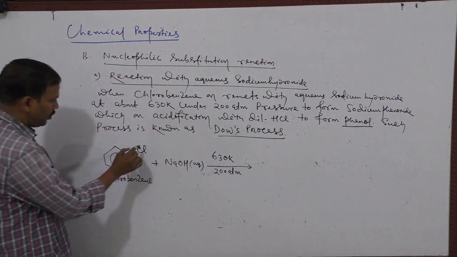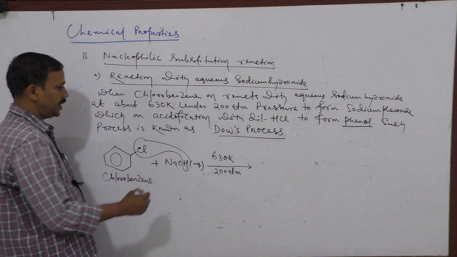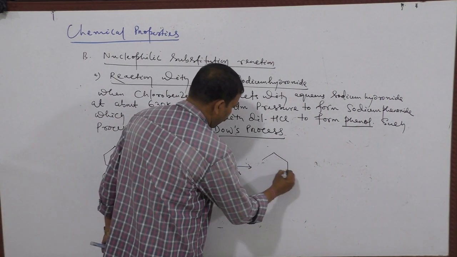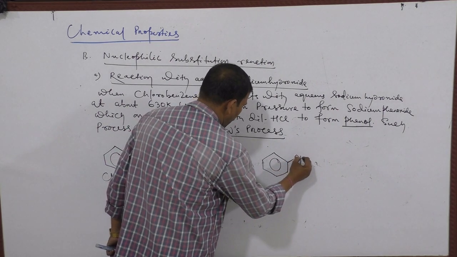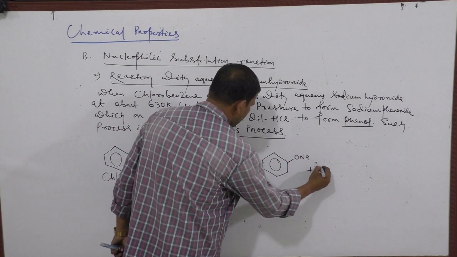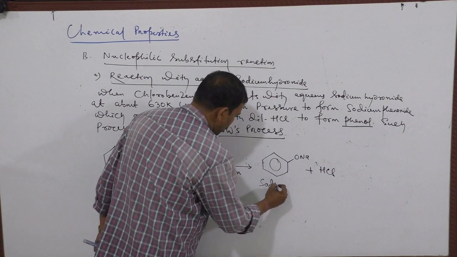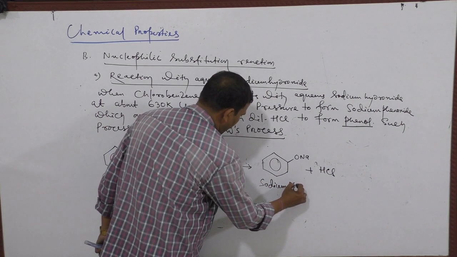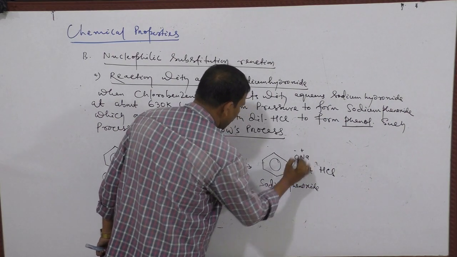Then Cl and H will be removed as HCl, to form ONa plus HCl. Now this compound is known as sodium phenoxide, O minus Na plus.